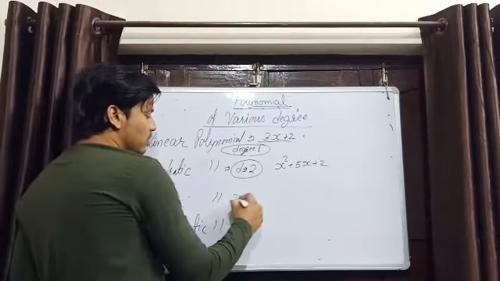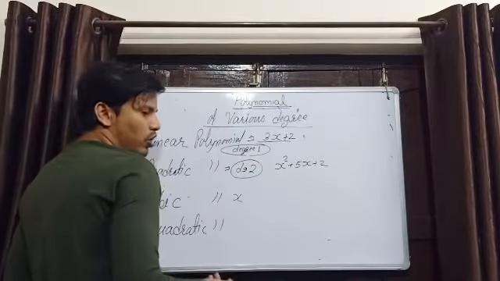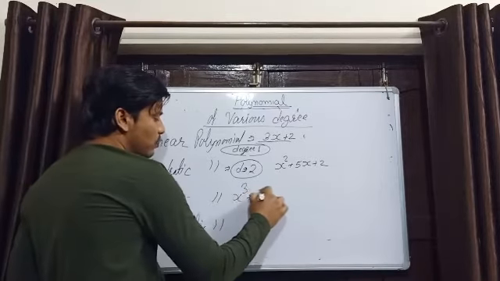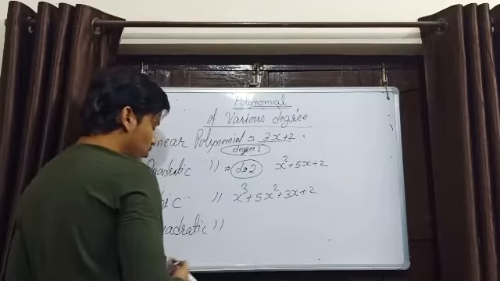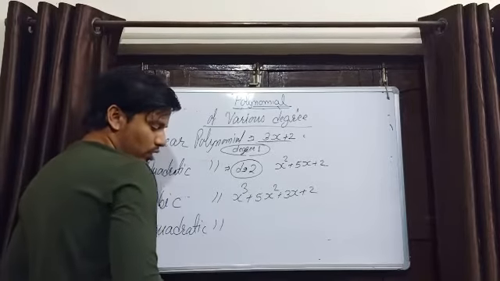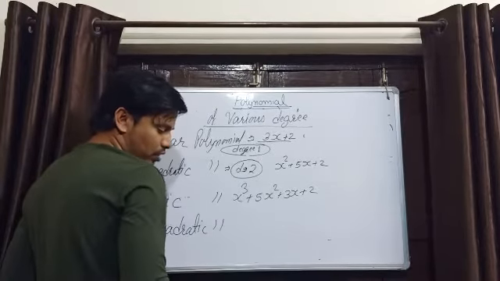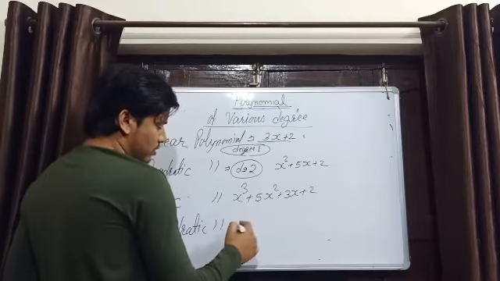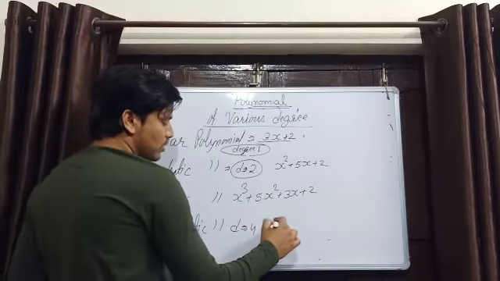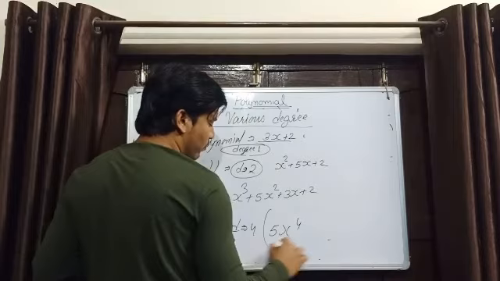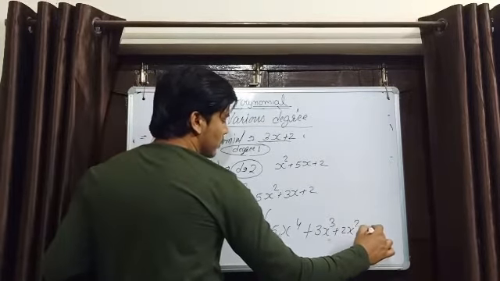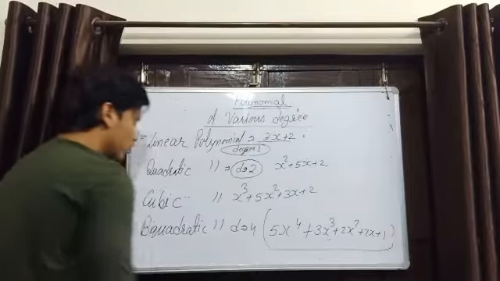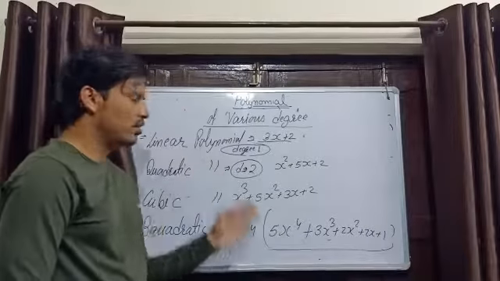A cubic polynomial is a polynomial of degree 3: x cube plus 5x square plus 3x plus 2. This is a cubic polynomial. A biquadratic polynomial means a polynomial having degree 4: 5x to the power 4 plus 3x cube plus 2x square plus 2x plus 1. This is a biquadratic polynomial.